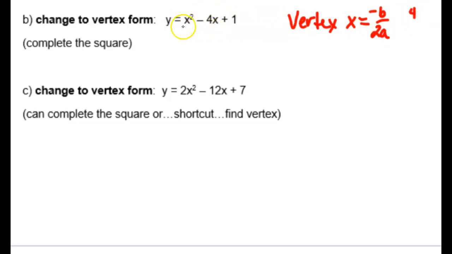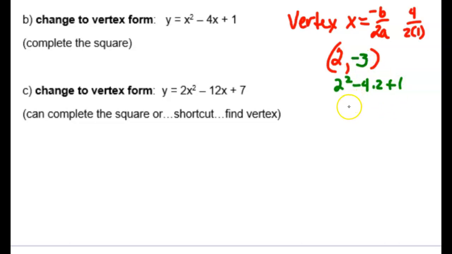Positive 4 over 2 times 1. What does that become? 4 divided by 2 is 2. And then you plug it back in to find the y value. So 2 squared minus 4 times 2 plus 1 is negative 3, I believe. Or you could graph it on your calculator.